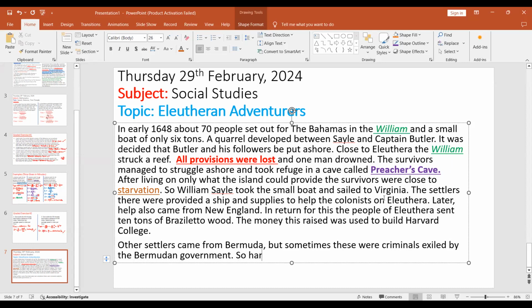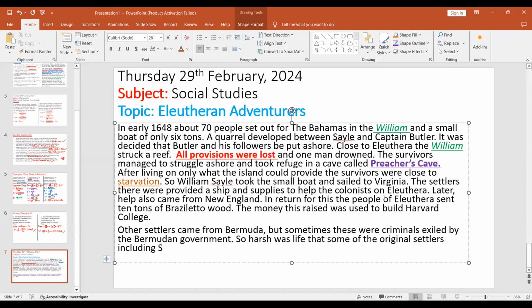So harsh was life that some of the original settlers, including Sale himself, returned to Bermuda or went to the North American colonies.